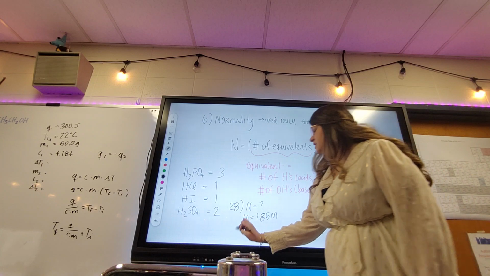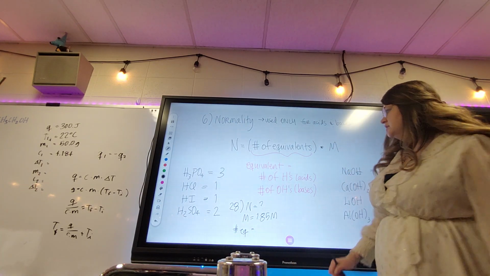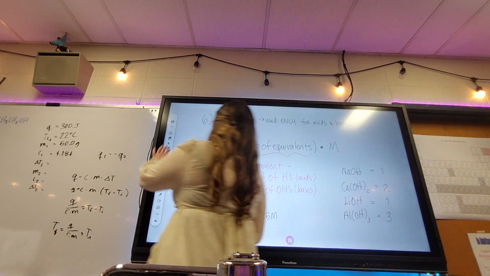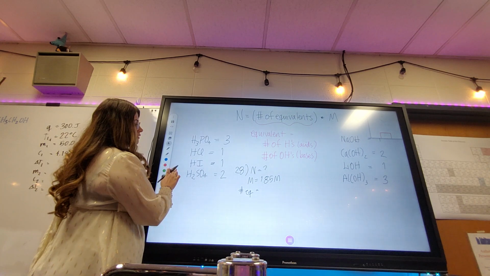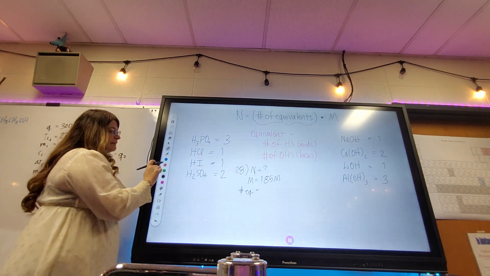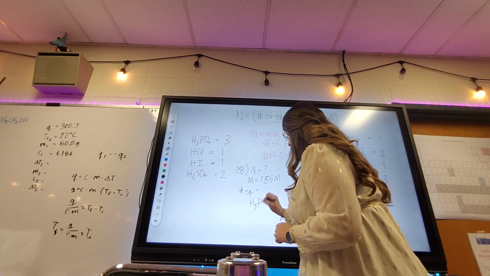Okay, so now how many, usually I abbreviate equivalents as EQ because I don't want to write the whole thing. You can do the same. Okay, so how many equivalents are in H3PO4?